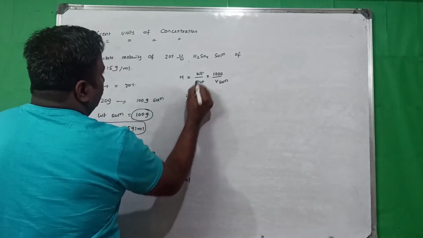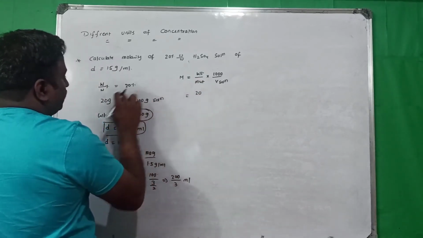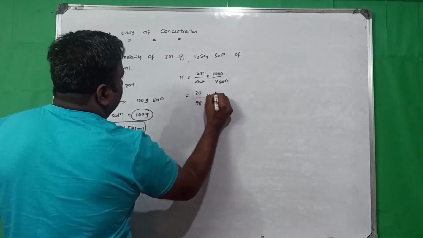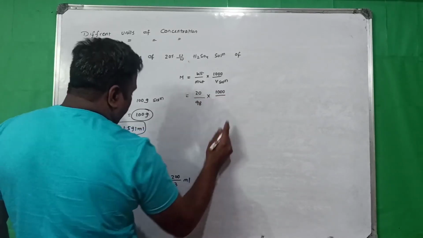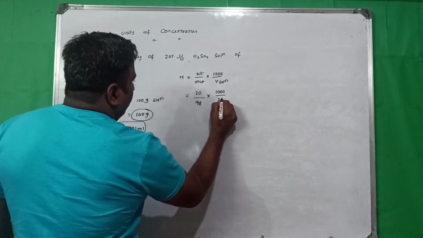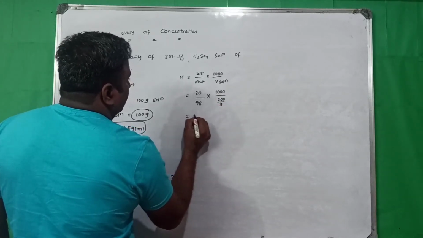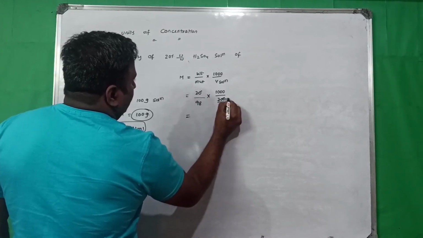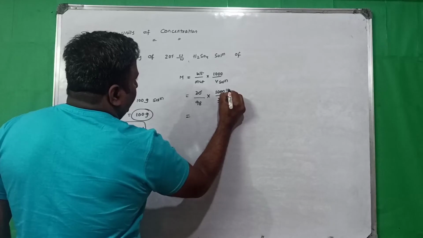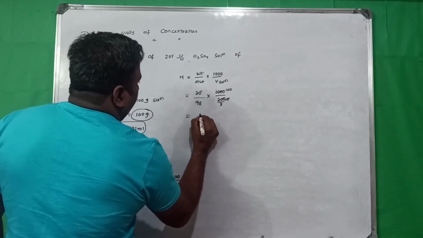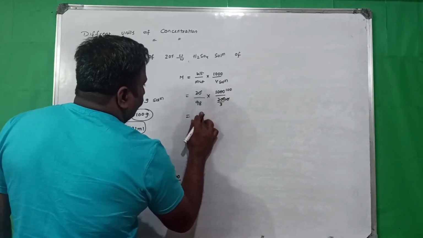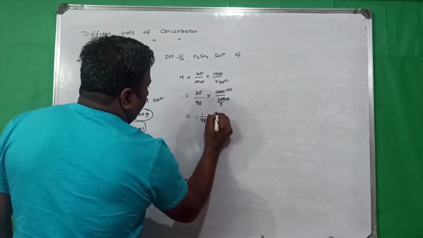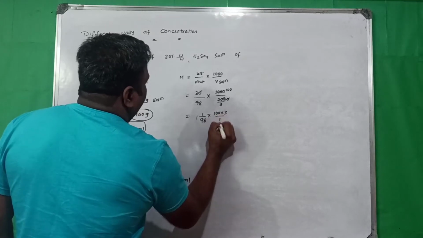So molarity is equal to weight of solute 20 grams, since it is 20%. Molecular weight 98 for sulfuric acid, 1000 upon volume of solution 200 upon 3 can be written as 1 by 98 into 100 into 3 upon 1.